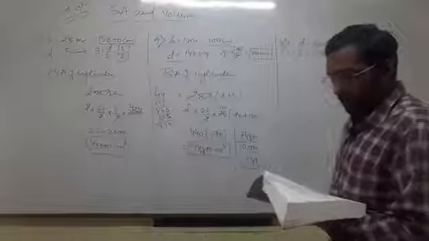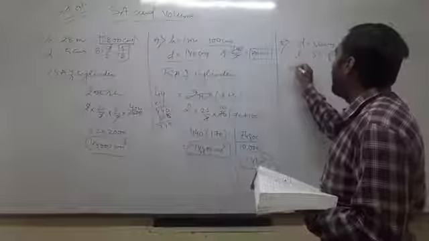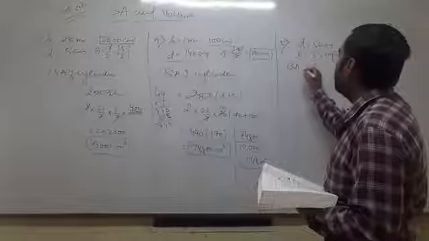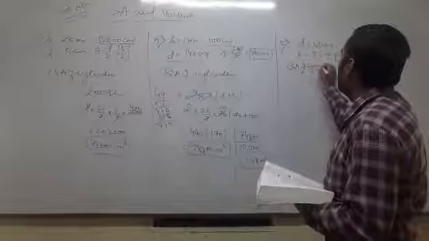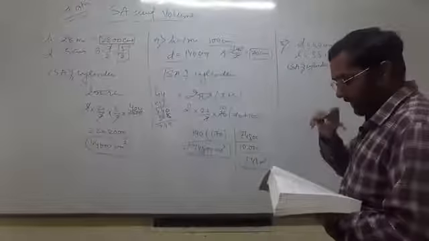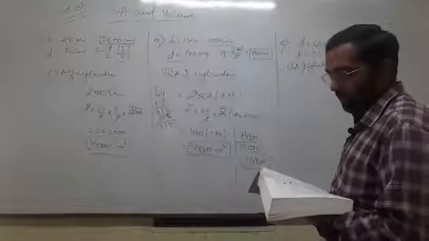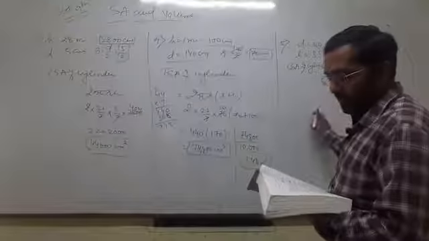Find the cost of painting the curved surface area of the pillar. So we have to paint the curved surface area of the cylinder, and they ask how much it costs to paint the curved surface area.